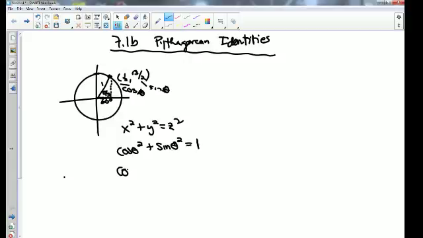So, again, we'll write it like this. That is the first Pythagorean identity. So that's where it comes from. That's how it's developed.